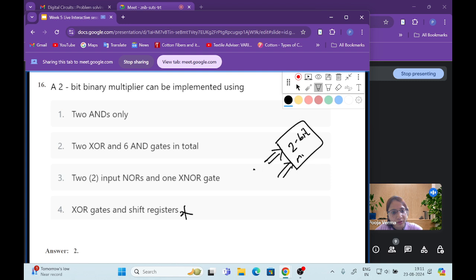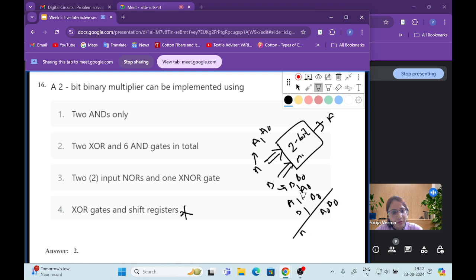Here the input A is 2 bits, B is also 2 bits, and the output, let's say F. So A means A1, A0, and B means B1, B0. Let's multiply and see. A1, A0, B1, B0. So here we will get A0, B0.